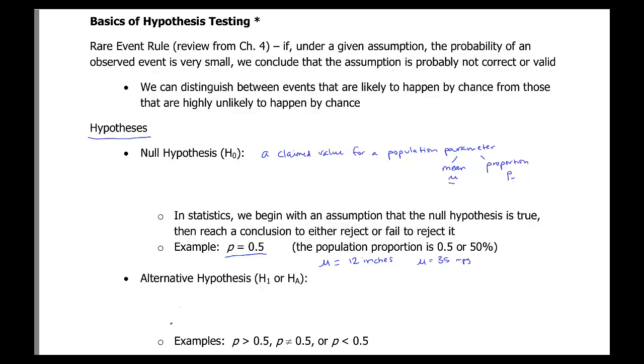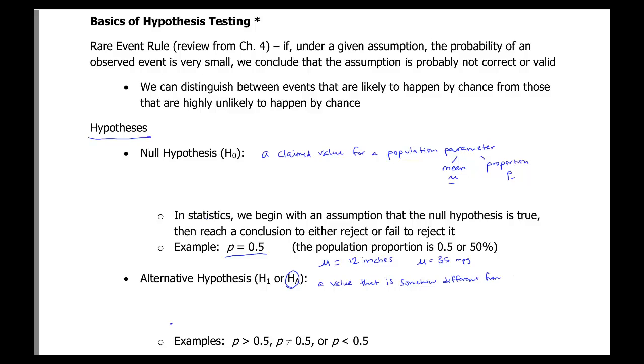The alternative hypothesis, we use the symbol H1 or HA. I'll typically use the HA for alternative. This is going to be somehow different from the population parameter claim. And the only thing that you change when you're writing the alternative hypothesis is the sign.